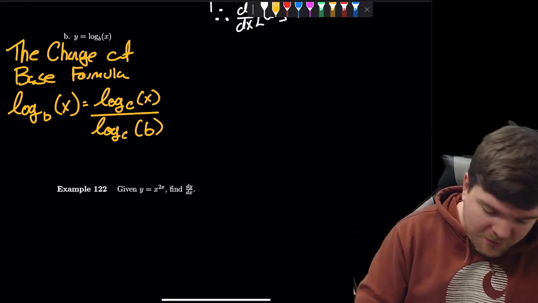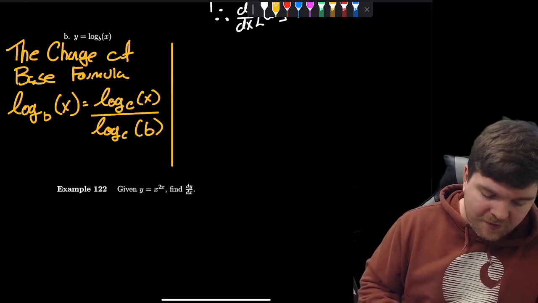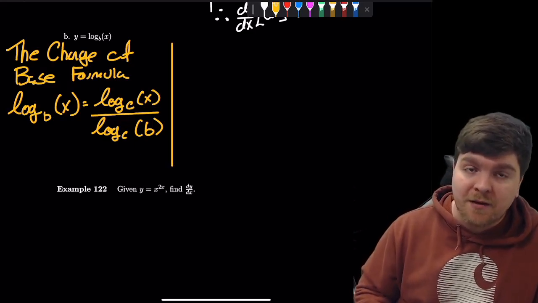Now, let's go ahead and apply this change of base formula so that we can take the derivative of y equals log base b of x.